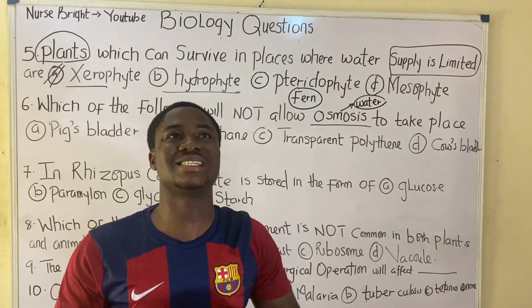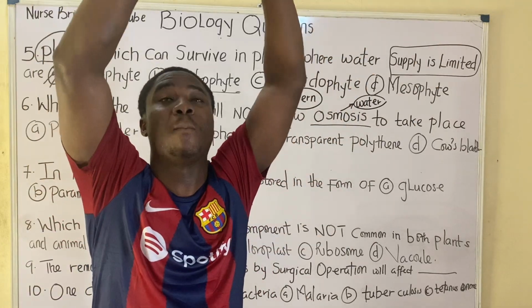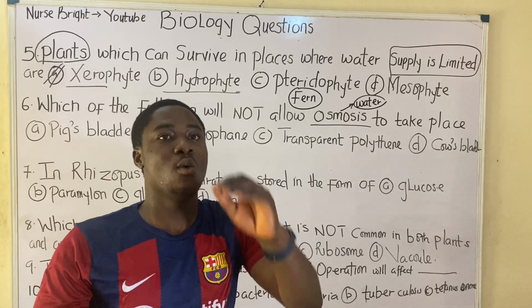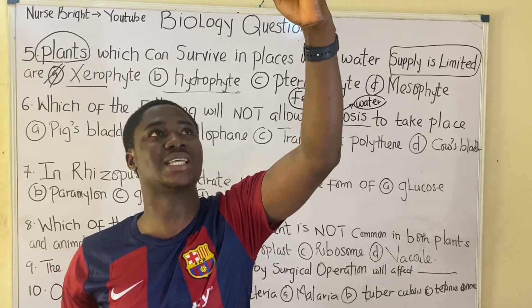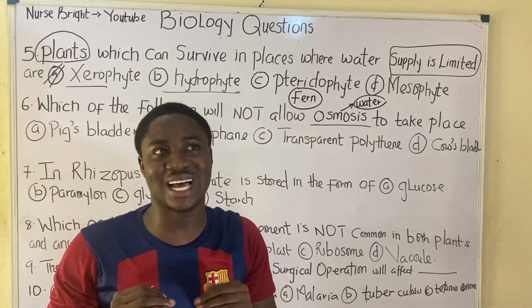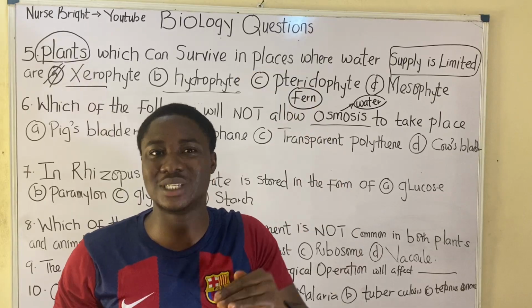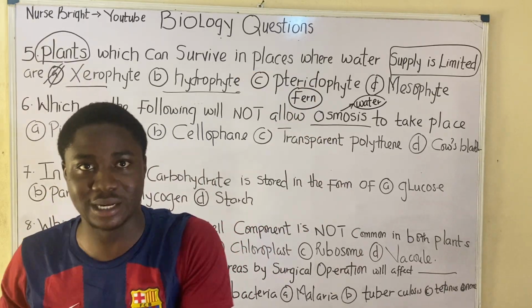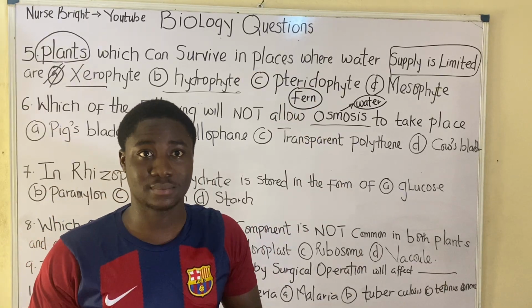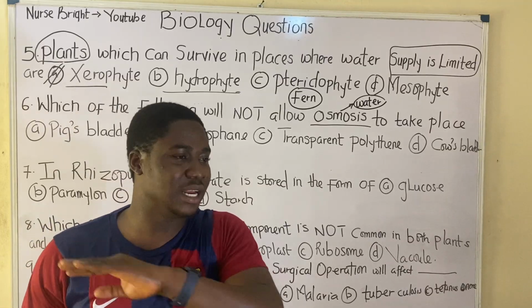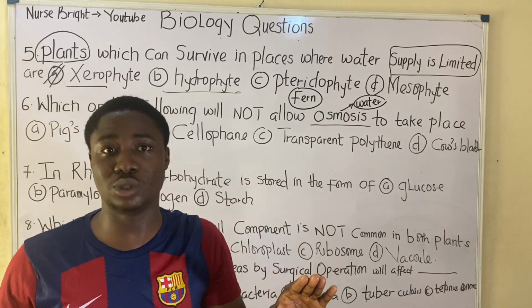Permeable membranes allow substances to pass through them completely. For semi-permeable, not all substances can actually pass through them. Just know that not all substances pass through a semi-permeable membrane. Do you understand what I'm saying? For an impermeable membrane, no substance can pass through it.